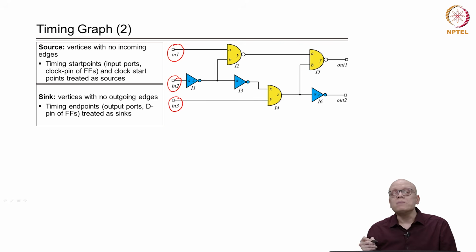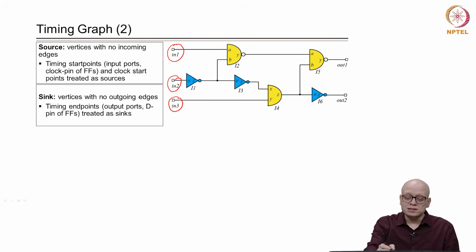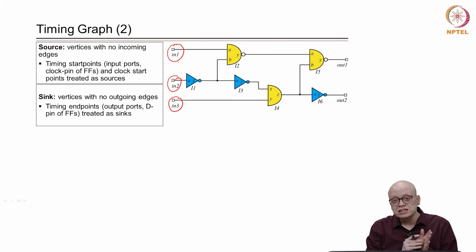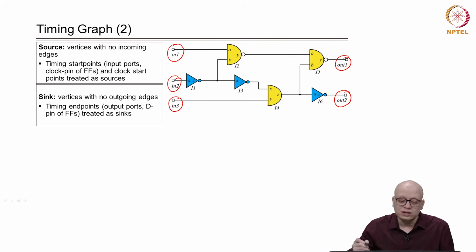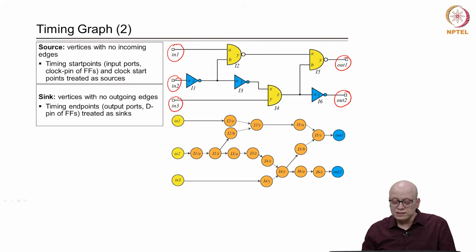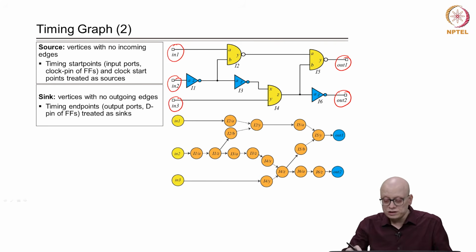These will be timing start points for the data path and therefore will form the source vertices. The edges will leave those vertices, but no edge will come to them, and out1 and out2 will be the sink vertices for the timing graph. So, let us draw the timing graph for this case. In this case the timing graph will look something like this. Now, let me explain how we got this timing graph.